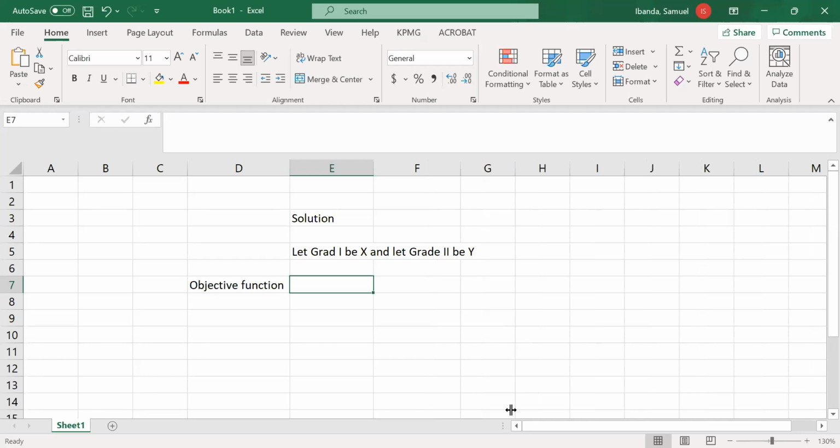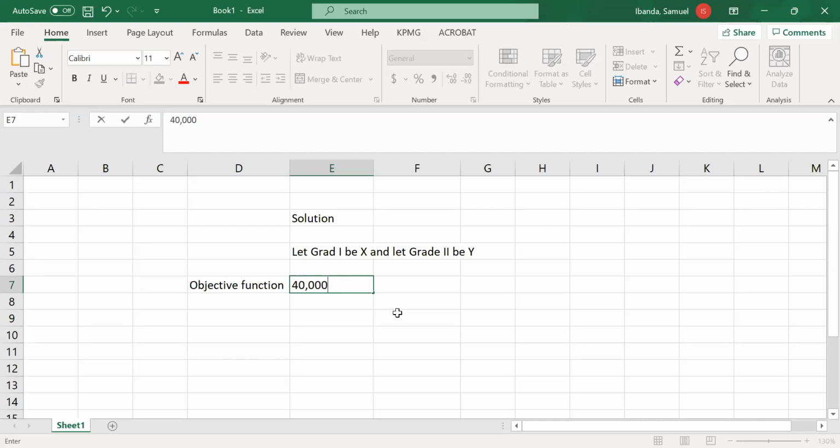Since they have told me that I have a profit of 40,000 on grade 1 patients, I'm just going to say 40,000 of my grade 1 patients.